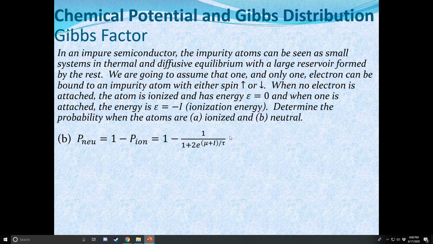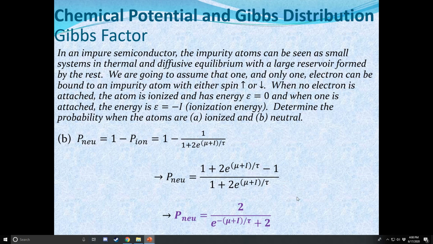In the next part, where it becomes neutral, an easy way of doing this is actually just saying that it could either be ionized or neutral, which means the probability for it to be neutral will just be 1 minus this original probability. So we can do that, and we end up getting this.